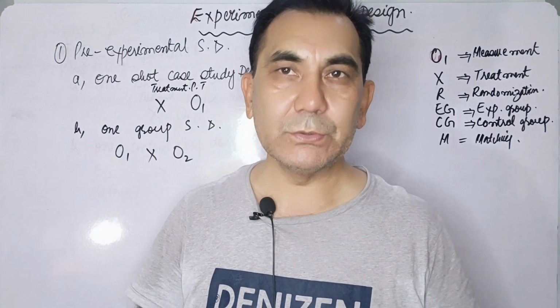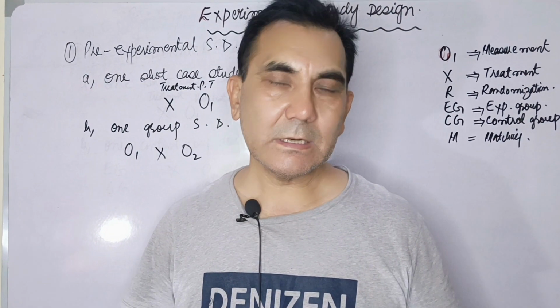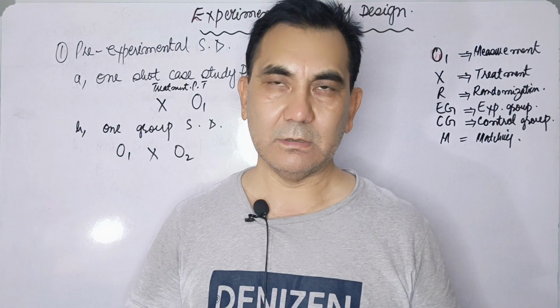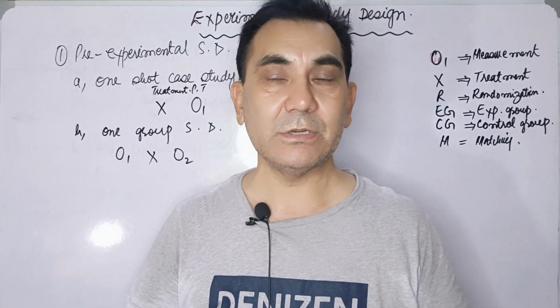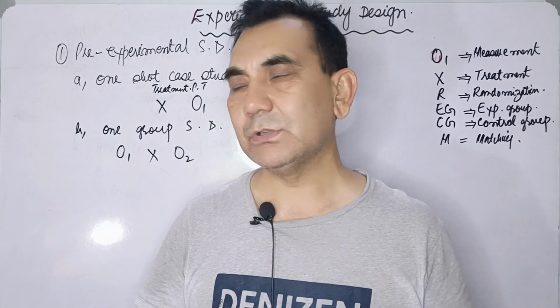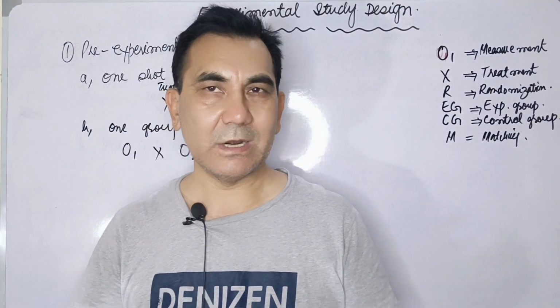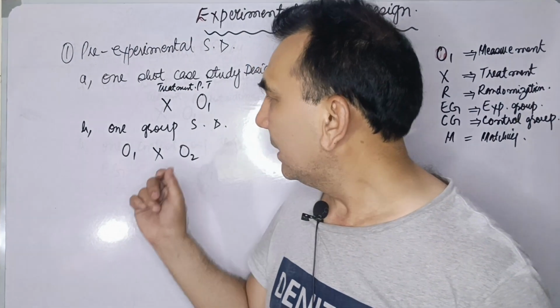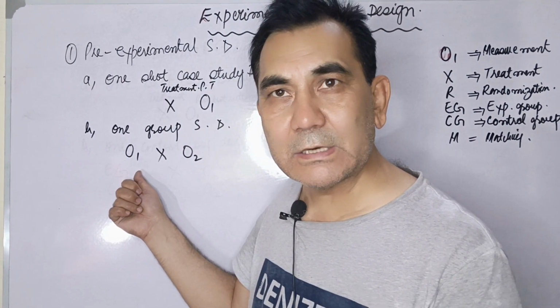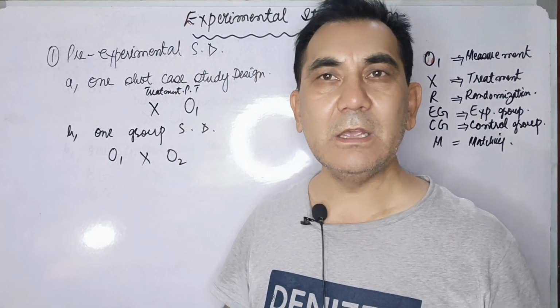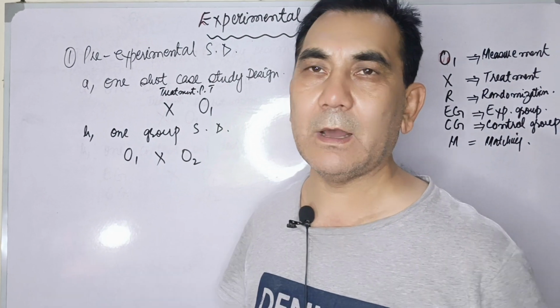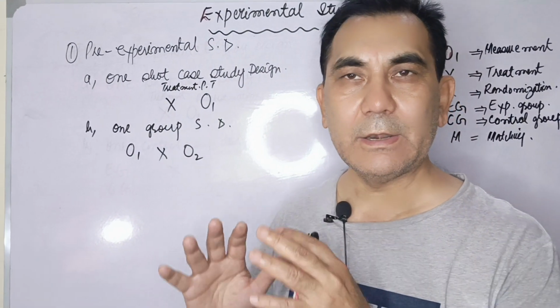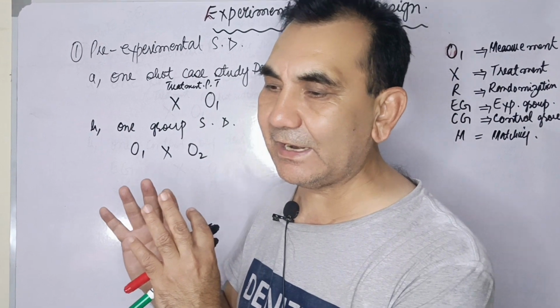The researcher conducts a pretest questionnaire to test the knowledge, opinion, or experience about that particular type of product, and then he exposes the particular group to a video or an advertisement or any activity.